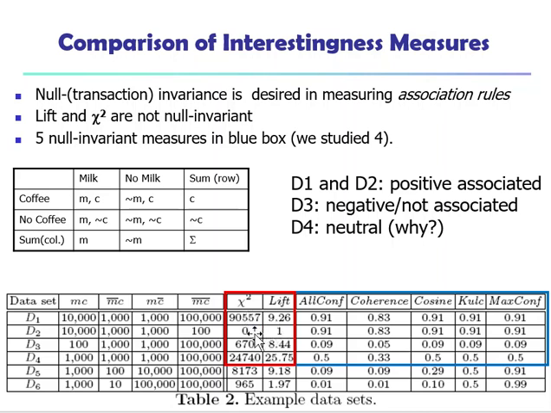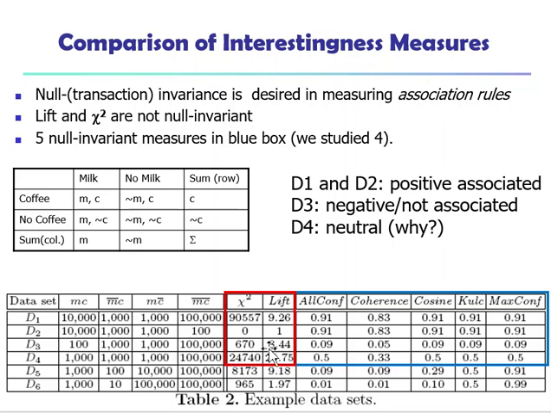Look at D3. We know D3 should be negatively associated, but here we see positive numbers. So both chi-square and lift values suggest that in D3, milk buying and coffee buying are positively correlated, which again is influenced by the non-transactions. Similarly, for D4 we expect to see neutral, but here we see a strong positive correlation.